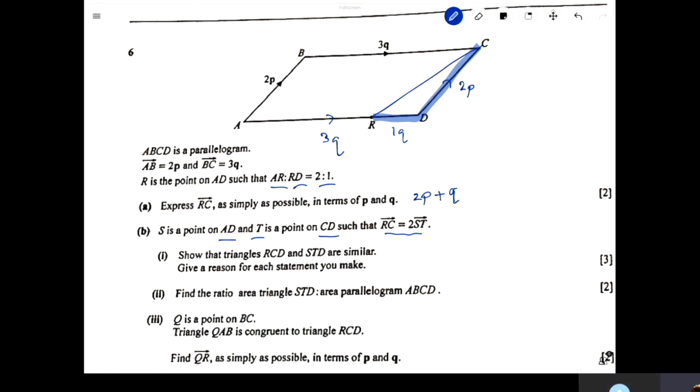RC equals 2ST. Okay, so should be something like that. Right, so the S is here, T is here. This is ST. Is it okay? ST is somewhere here.